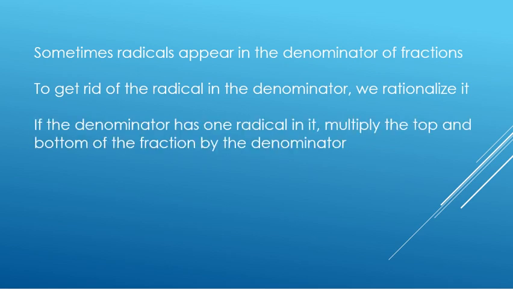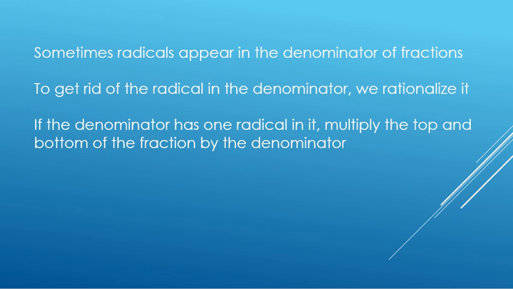If your denominator just has one radical in it, just the root of some quantity, we're going to multiply the top and the bottom of your rational quantity by the denominator of said quantity.